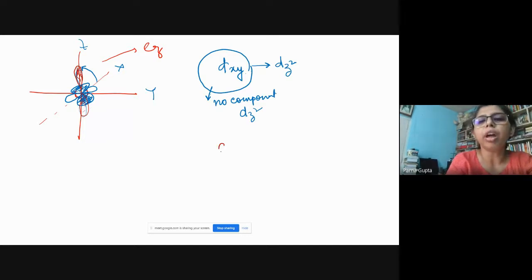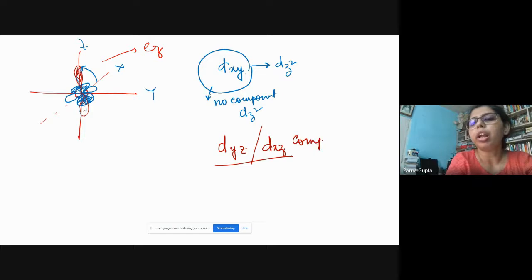But if you have dyz or dxz, then you have a component along the z-axis, and that goes to dz2.